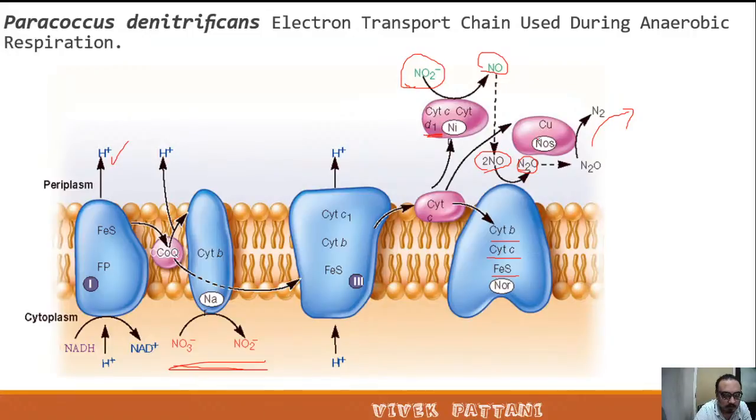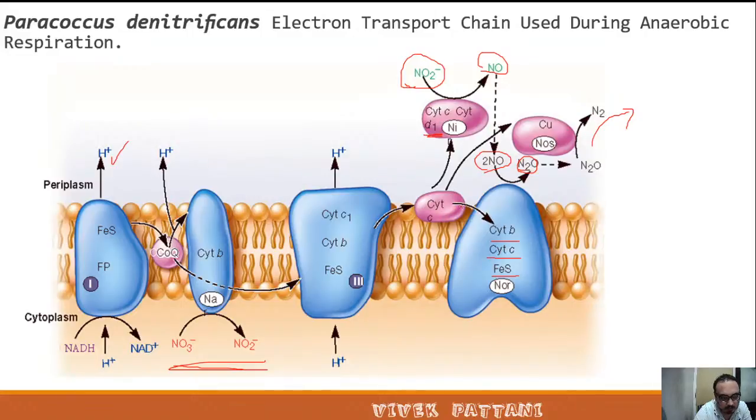At the same time, cytochrome c also transfers electrons to a copper-containing system, which will help in the conversion of N2O into N2. At the same time, NO will be converted into N2O, dinitrogen oxide, and finally N2O will be converted into nitrogen.